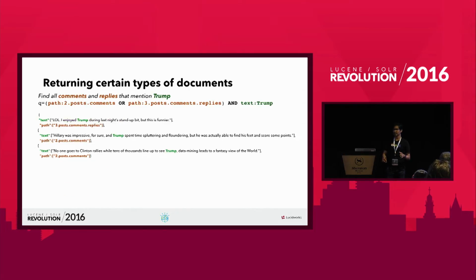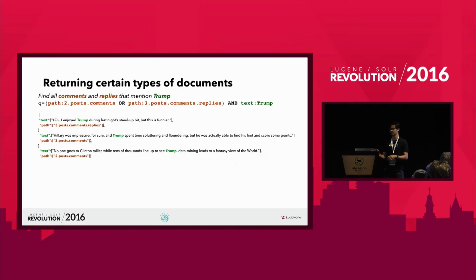So what you really want to do there is add a metadata field for specifying your path. That's what we used to solve this problem. We use a field called path that has a prefix of the depth of the document itself, followed by the fully qualified name of the field.